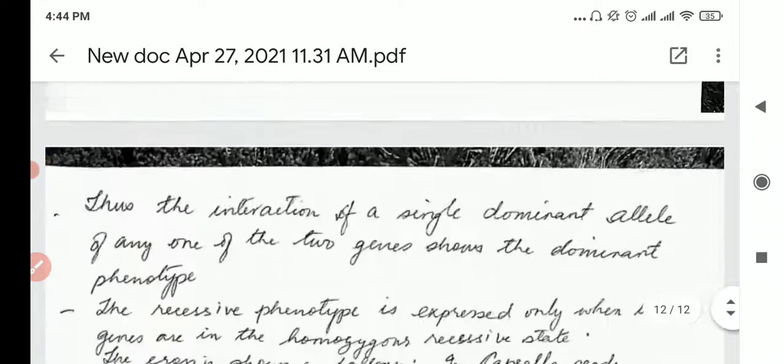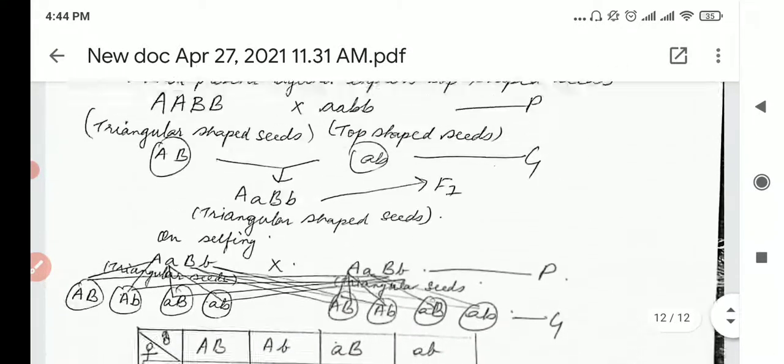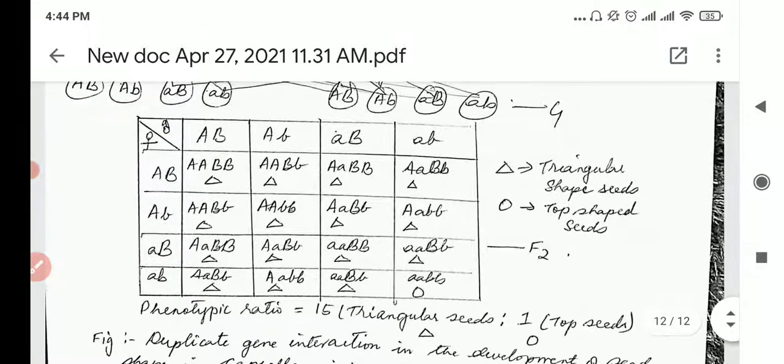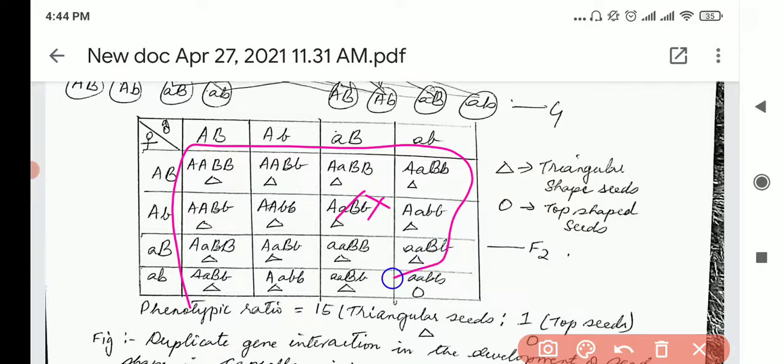So here we did the cross. Then in the F2 you will see all 15 showing triangular seeds, because whether capital A is present or capital B is present, they will give a triangular shape. Here only capital B is present, still triangle. Here only a single capital B, also triangle.